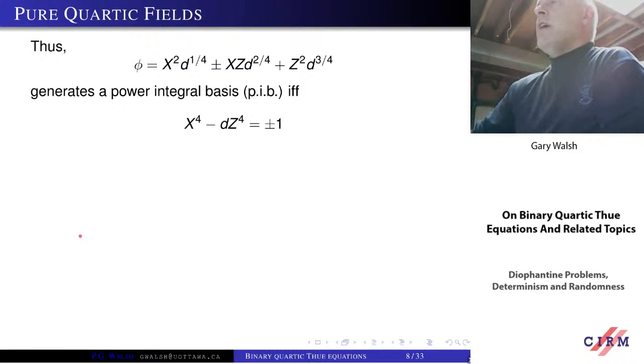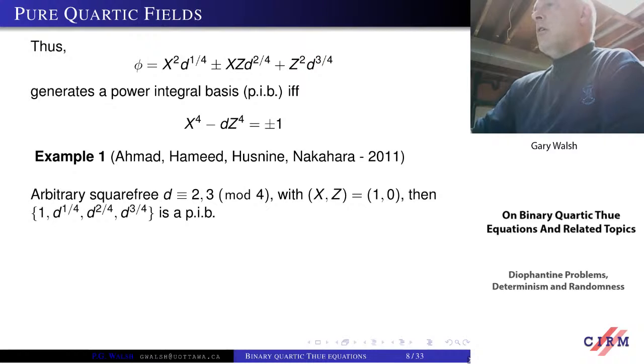So what we have is, if you have a power integral basis generated by phi, it really has to look like x squared d to the 1/4 plus or minus xz d to the 2/4 plus z squared d to the 3/4, where x and z come from a solution of this quartic equation. So for example, this is the result I mentioned briefly earlier.